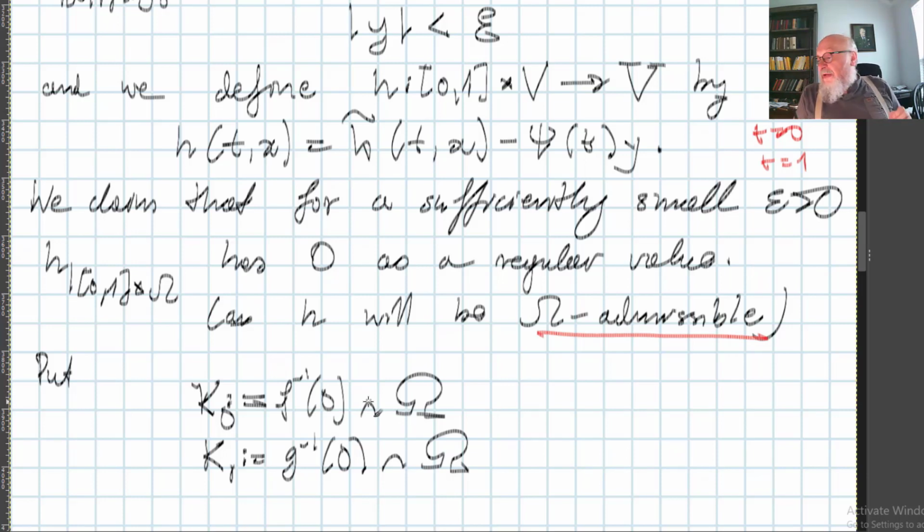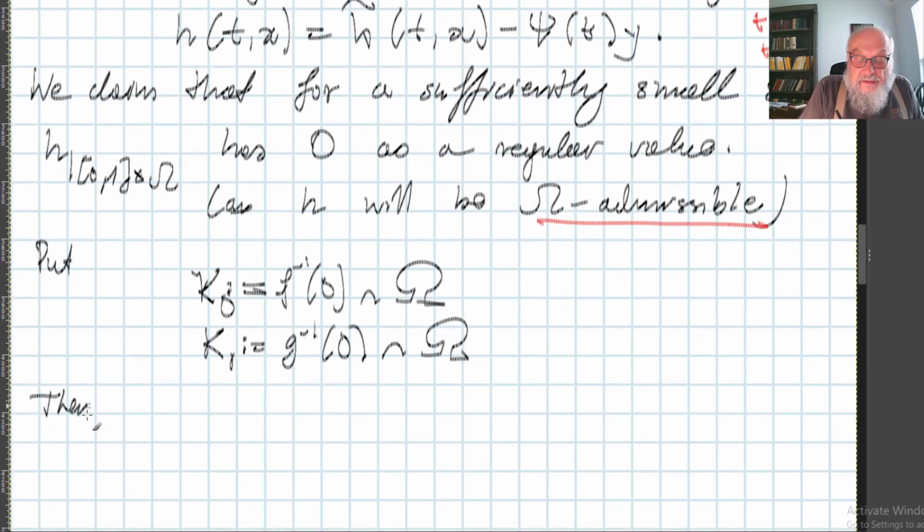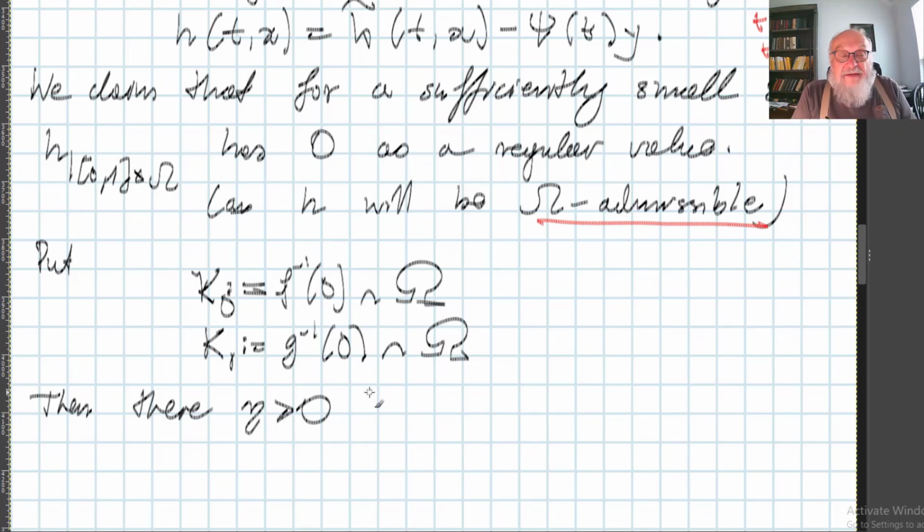So there exists an eta larger than 0, such that the eta neighborhood of k0 and k1 has this property: f will be a local diffeomorphism around those points, from this neighborhood to V.